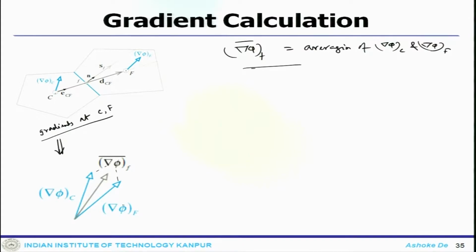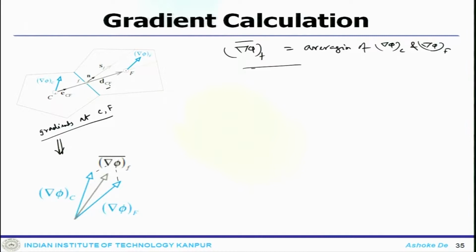Also, it is important for the stencil of the gradient at the face to be heavily based on the nodes which are connected between them. So there are normal surface vectors and distance vectors, and all these become important.